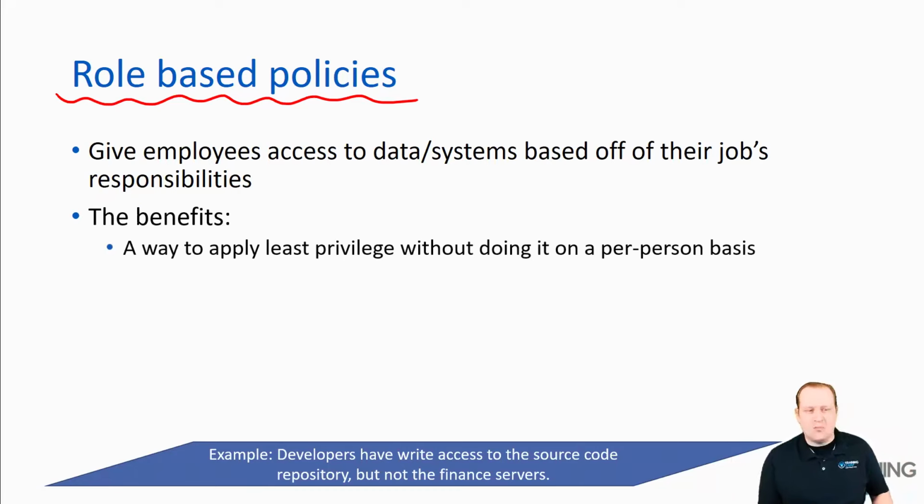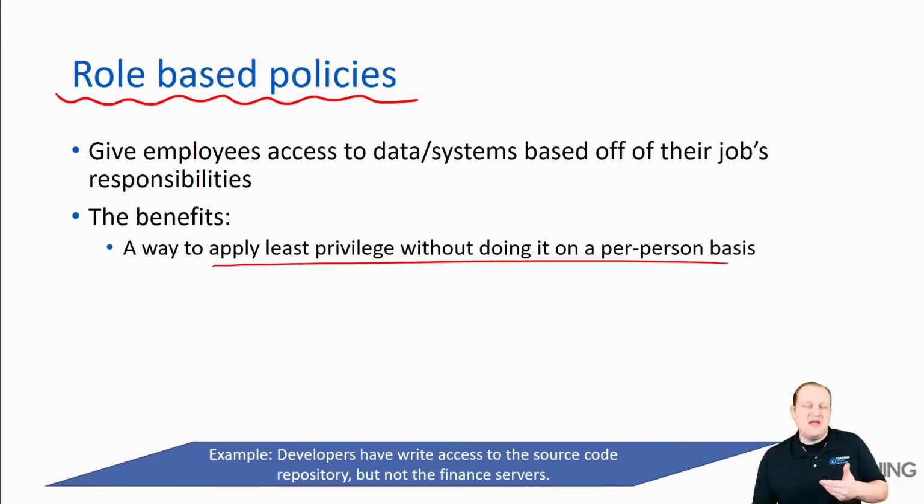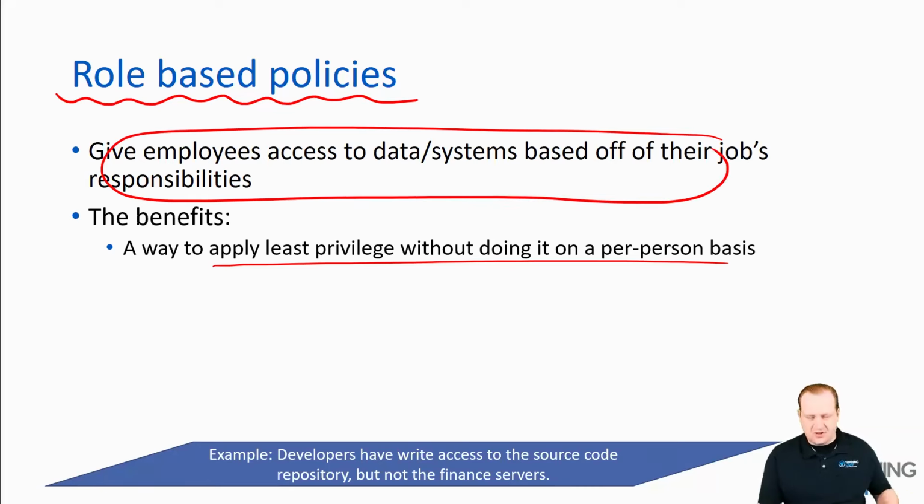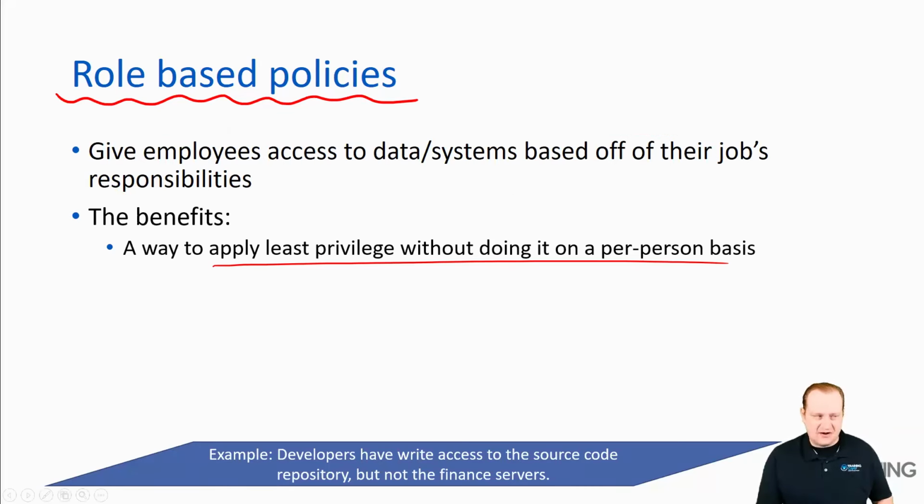Well, this might be a way to apply some least privilege, right? Without necessarily having to do it on a per person basis. Least privilege. Never give anyone access to something they don't need access to. Give them just what they need for their job. No more than is necessary. This guy needs a saw and a hammer and nails to do his job.